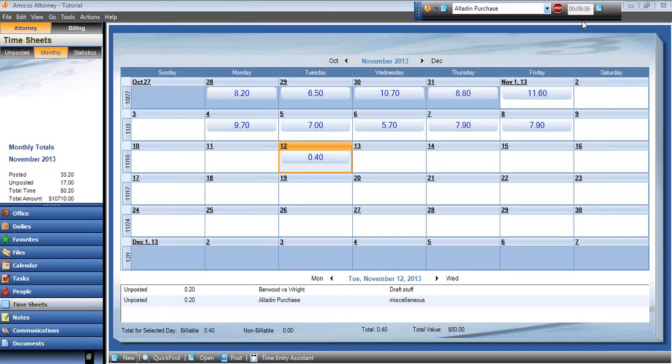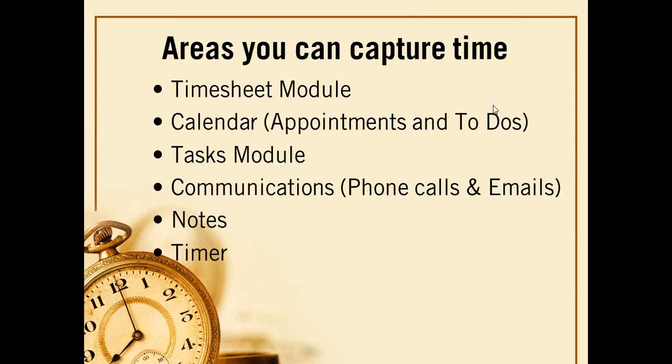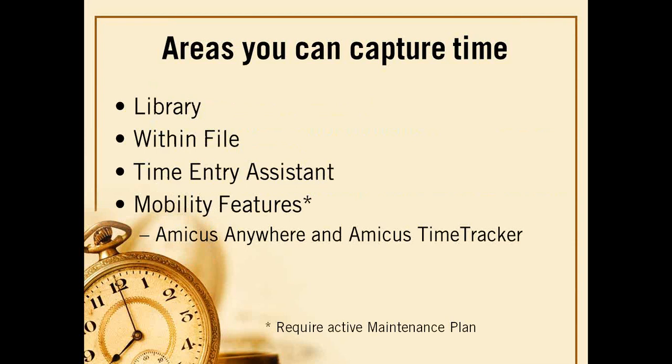Looking at the types of things that we looked at earlier, we've got the areas of the program that allow you to track your time, including the timesheet module, the calendar, the tasks, the communications, the notes, the timer. But wait, there's more. The library within the file using the time entry assistant, and of course those mobility features.